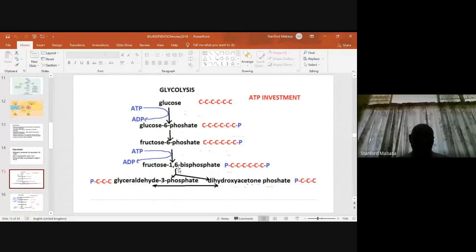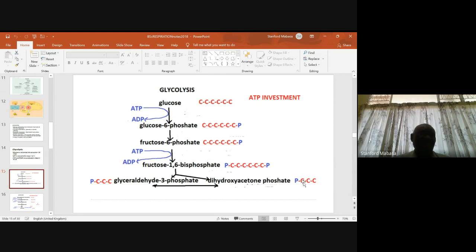This will then produce 2 three-carbon molecules, one glyceraldehyde 3-phosphate and dihydroxyacetone phosphate.